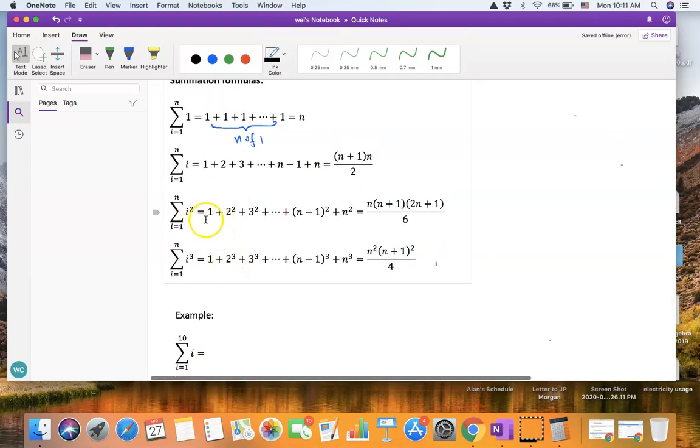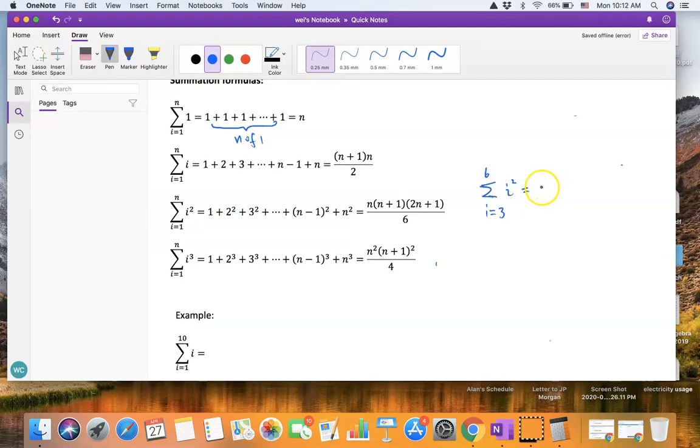For example, if here we have the summation of i squared with i starting at 3 to 6, this equals 3 square plus 4 square plus 5 square plus 6 square. So when we use this formula, we have to subtract the 1 square and the 2 square from this result, because we don't have those two terms.